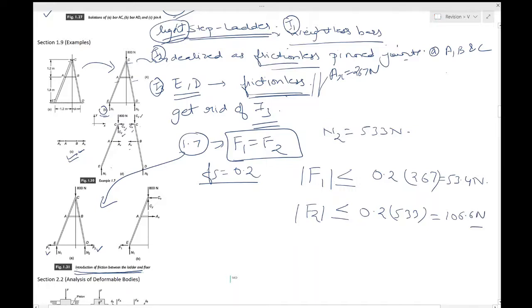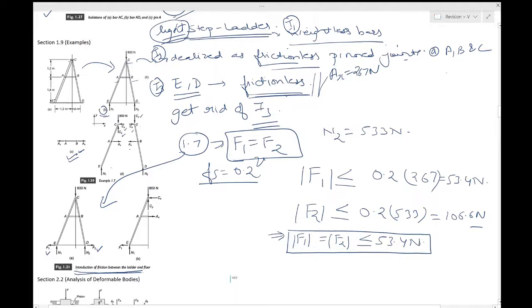Now, since F1 and F2 have to be the same for equilibrium, we have to say that F1 equals F2 is smaller than or equal to 53.4, the lesser of the two. F2 can take up a value of 100, but F1 can't. But since both of them have to be the same at any given time, this is the criterion which is satisfied by all the three situations.